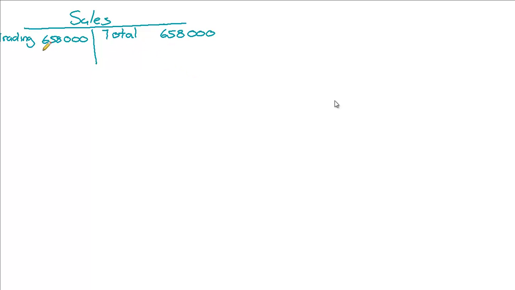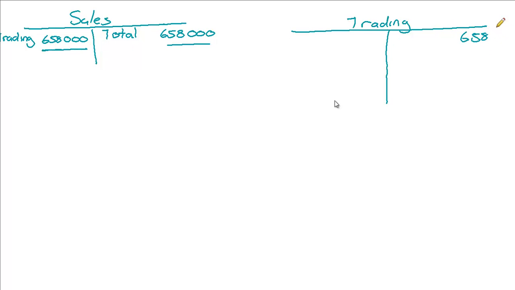Right, once my debits are equal to my credits, I have effectively closed off the account. So if I draw my trading account here, for every debit there needs to be an equal credit. So I'm going to have 658,000. I'm just going to indicate the 1,000 with the apostrophe, and this came from the sales account.